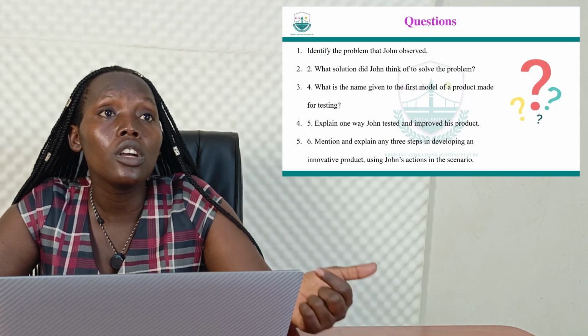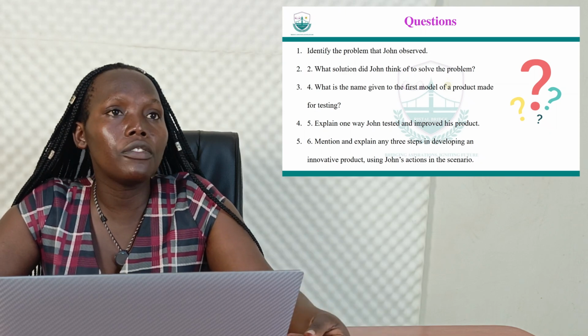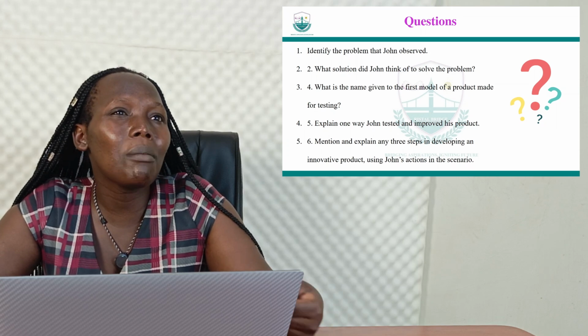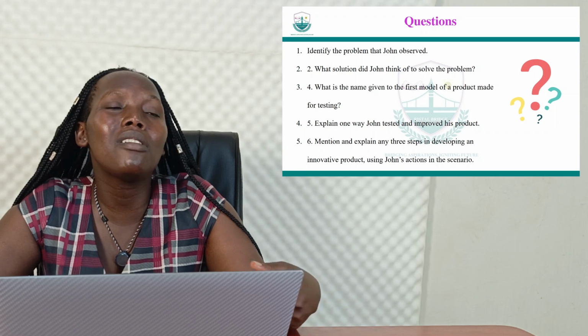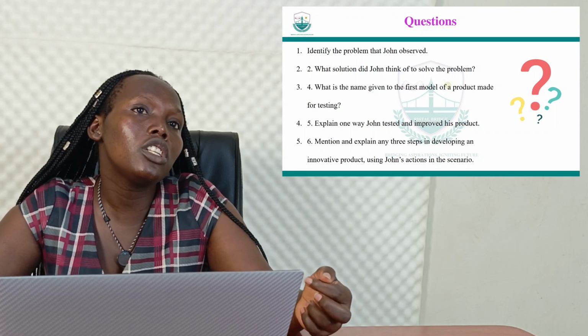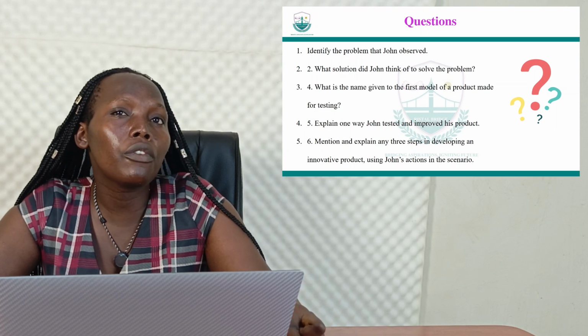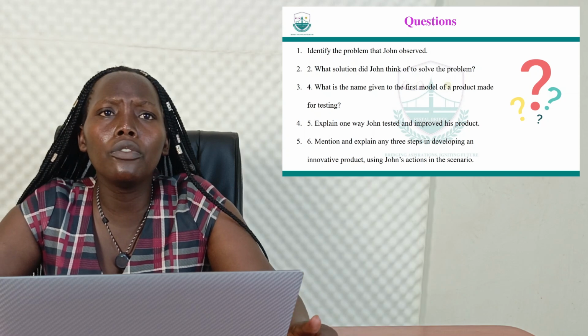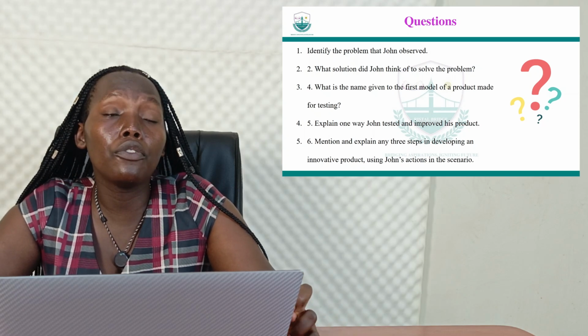You need to mention any 3 steps. For example, step number 1, you need to identify the problem, and then you think of the solution, and then you use the available resources. Those are some of the steps you need to take. And when you are answering, you need to relate it to John's action in the scenario.